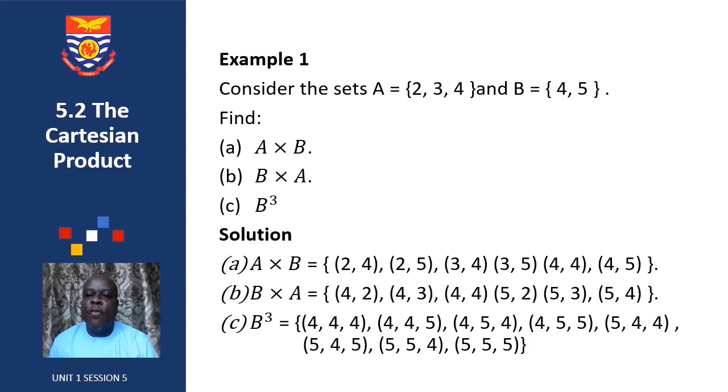We are done with 4, so we move to 5. And so we have (5, 4, 4), (5, 4, 5), (5, 5, 4), and then (5, 5, 5).